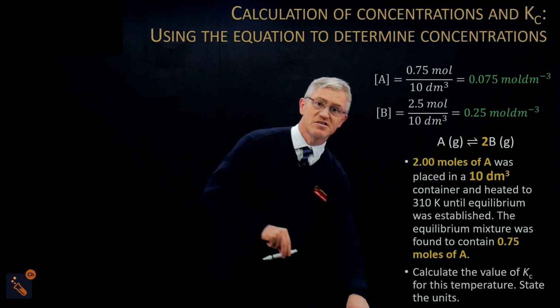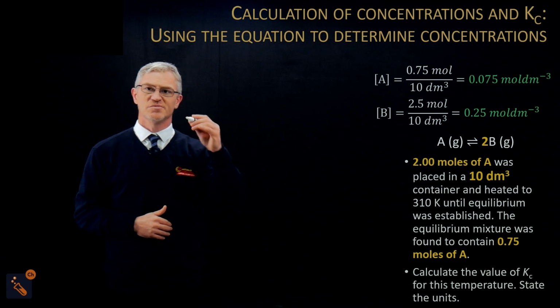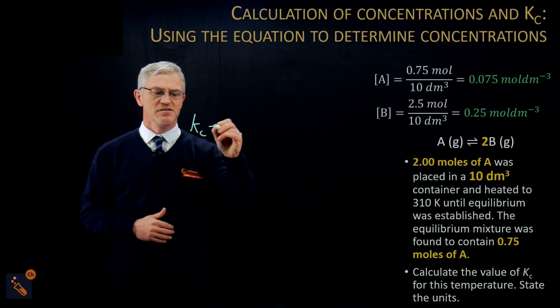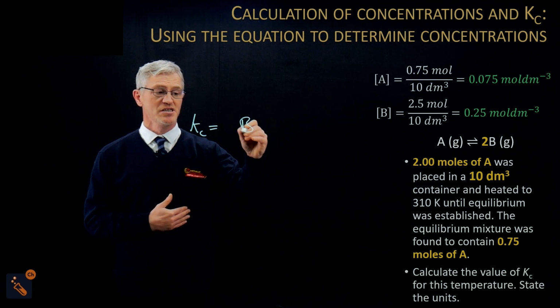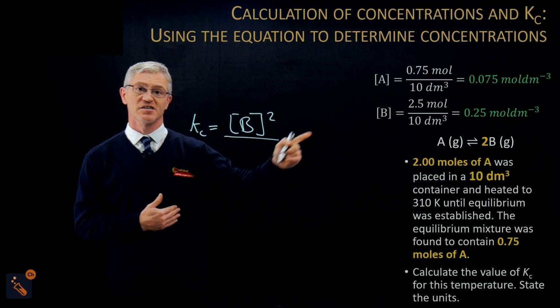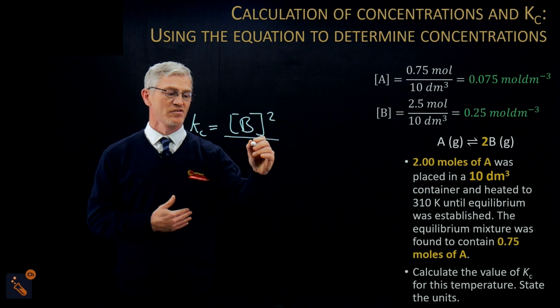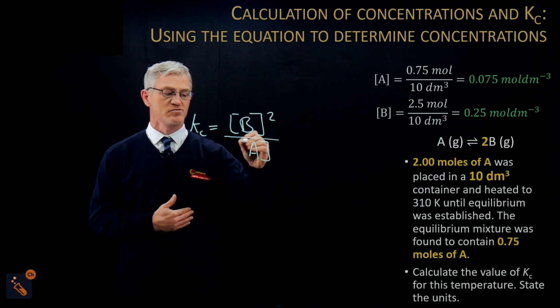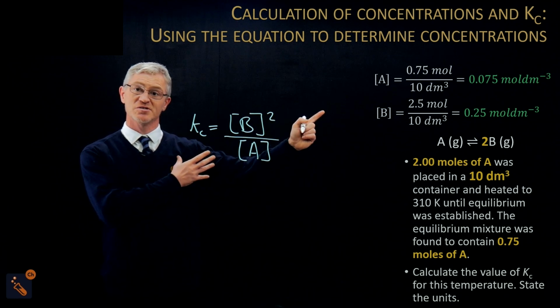And then what we can just start doing is put them into our Kc equation. So we know our Kc equation is going to be Kc, equal to our product. Our product is B. It's the concentration of B squared, and that's because it's 2 in the equation. And then we have over the concentration of A. Now, we've got our numbers, we've got our concentration.